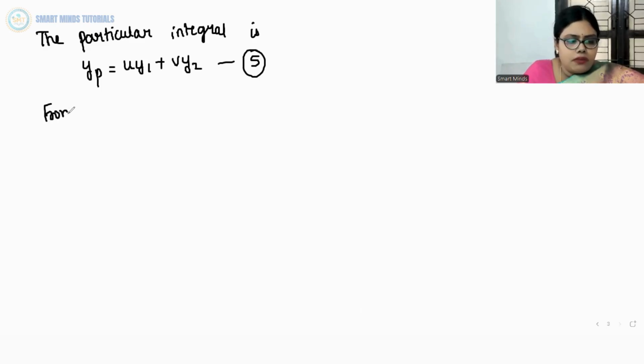Now from equation number 4, if you see, y1 is cos x and y2 is sin x.